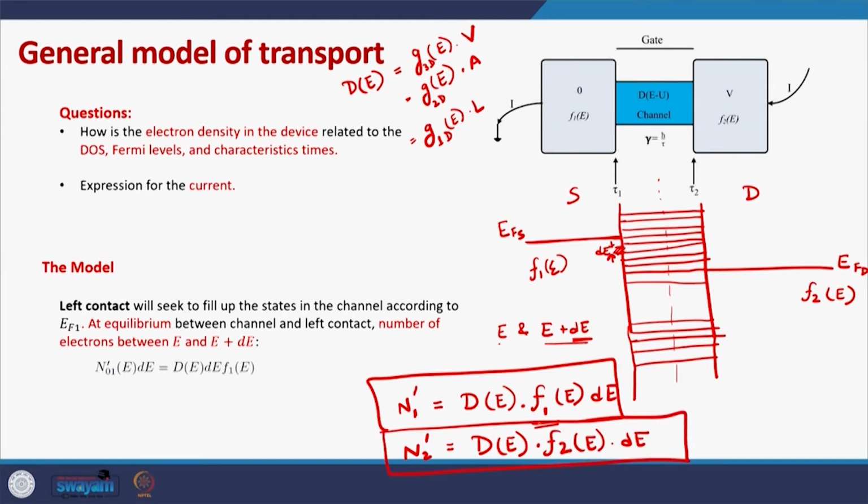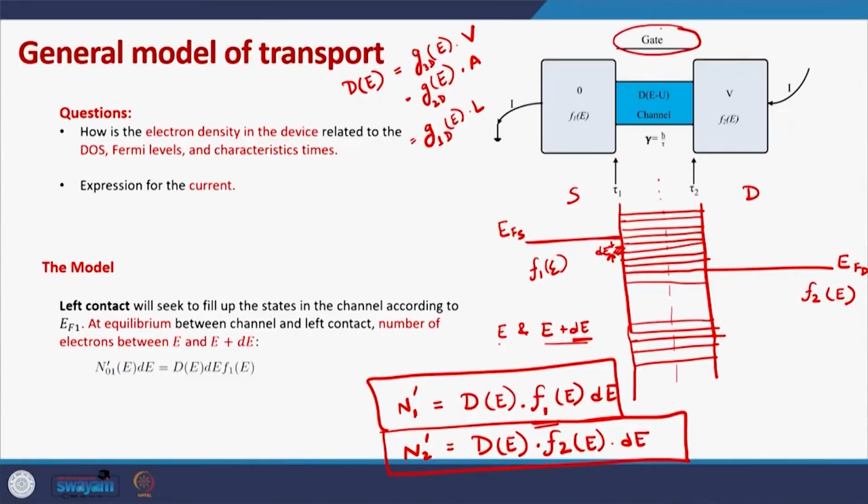So, N1 prime is the number of electrons in energy range E to E plus dE when the channel is only connected to source. N2 prime is the number of electrons in the energy range E to E plus dE when the channel is only connected to the drain contact.